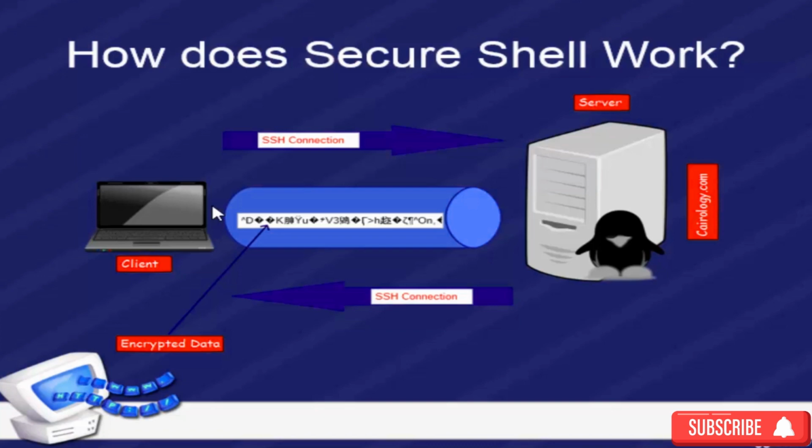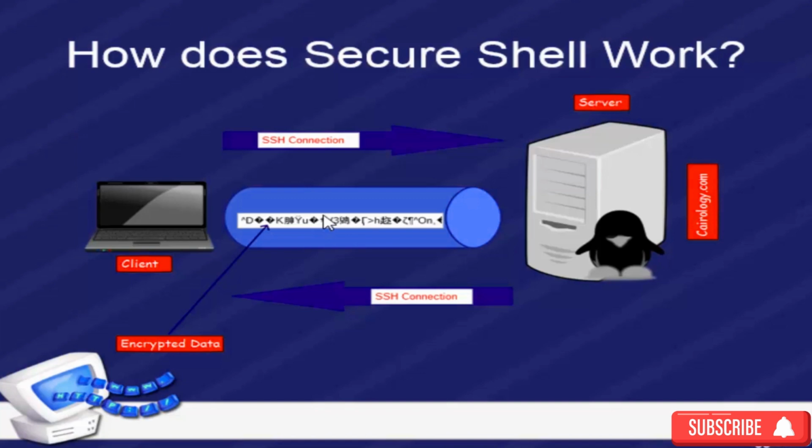Once the connection is verified by the SSH server, a tunnel connection will be established and all data sent from the SSH client will be encrypted in the tunnel. And if someone in the middle is trying to sniff the data, he will get encrypted data which he cannot understand.